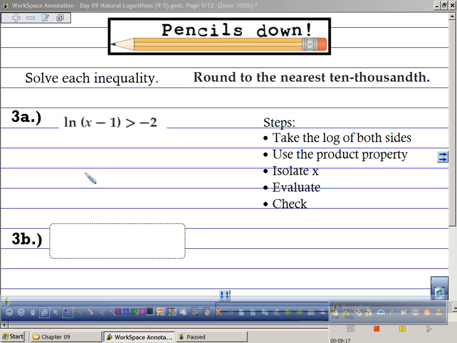What do you guys think? There's a couple different ways to do this. First of all, what do we need to put on lockdown?